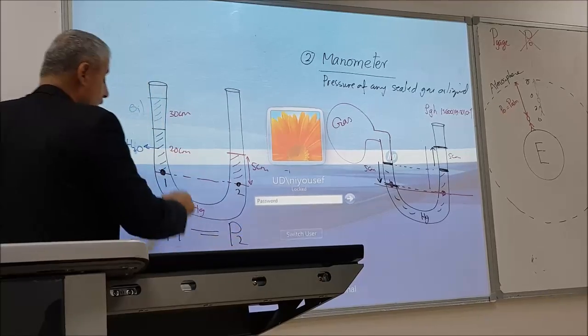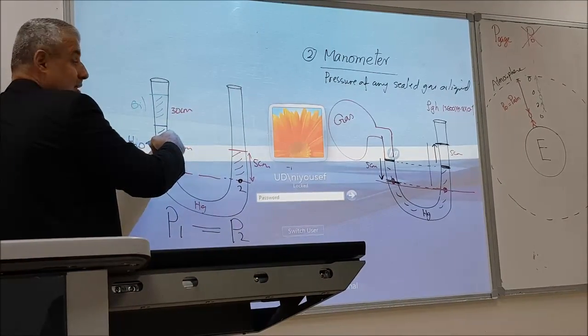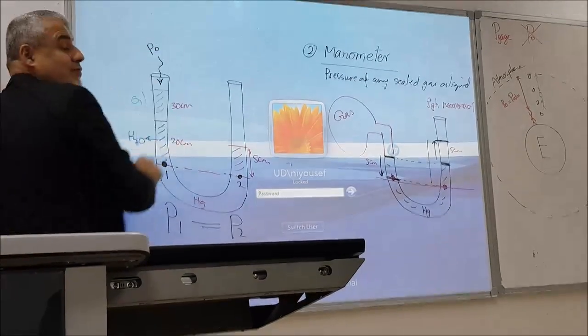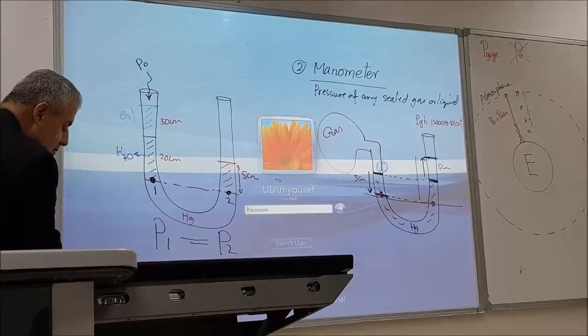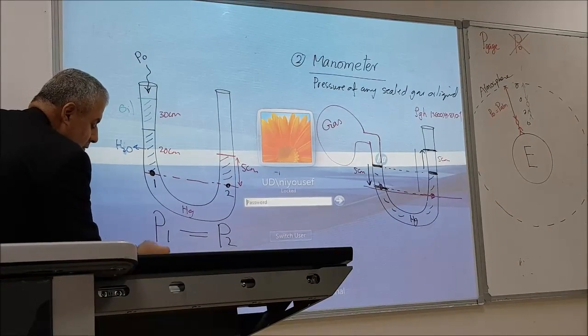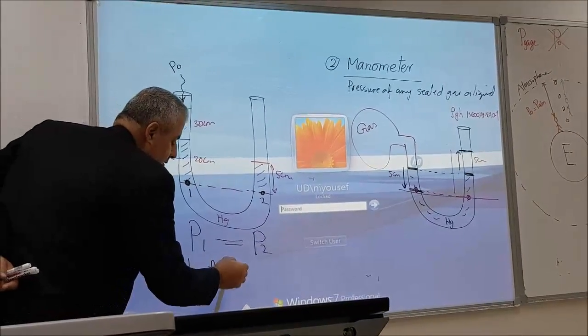Pressure 1 is due to the water and oil and also the atmosphere, atmospheric. So I'm going to write here: P1 equals P0 plus rho g h of oil plus rho g h of water.